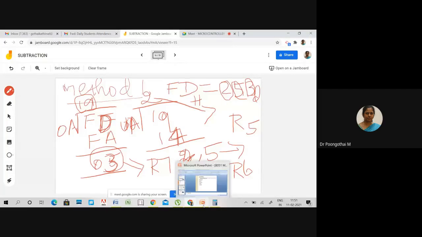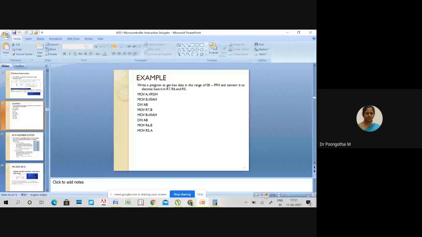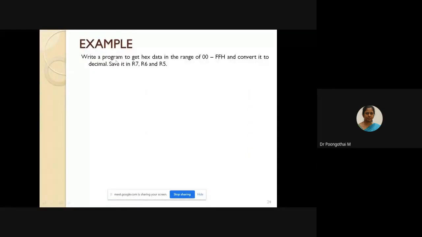Is that clear? So can you write the program for this one? Write a program to get hexa data in the range of 00 to FF and convert it into decimal. Take your input FD. Store your first remainder in R7, second remainder in R6, and quotient in R5.